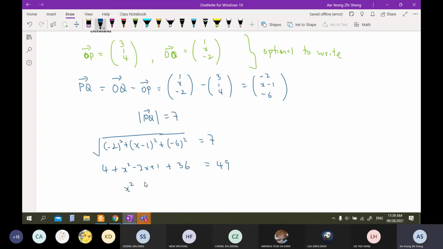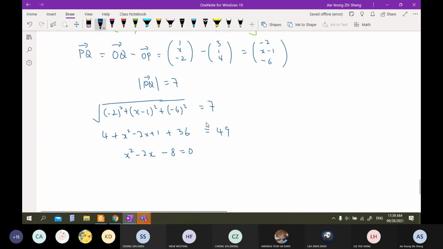And so rearranging and moving all the terms to one side, you get minus 8 as a constant term. Okay, so this can be factorized into x minus 4 times x plus 2. Okay, and you get x equals 4 or x equals negative 2. And that's it. Those are the two possible values of x.